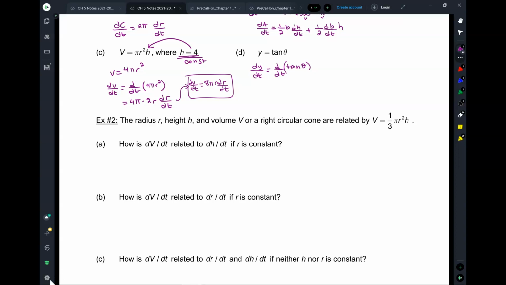I want to take a derivative of tangent, which is secant squared theta, but with respect to t. So times what? d theta/dt.